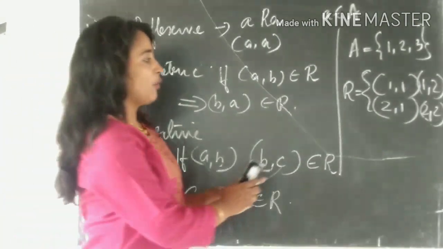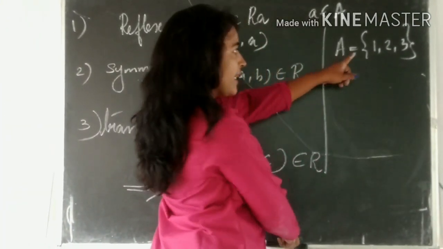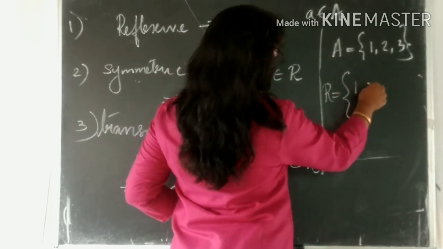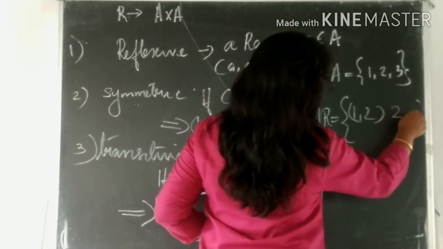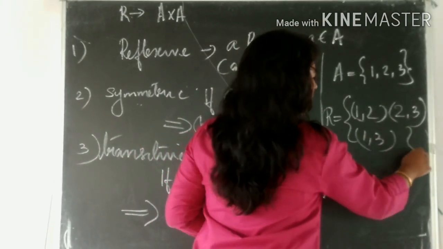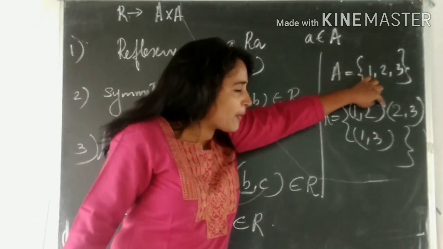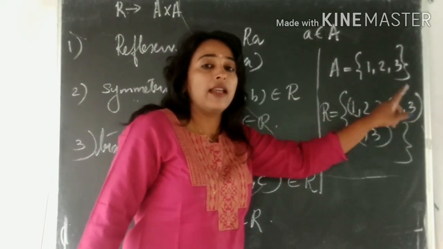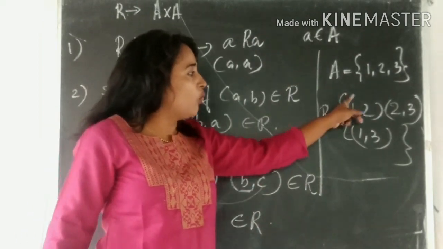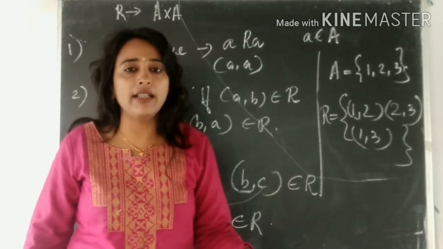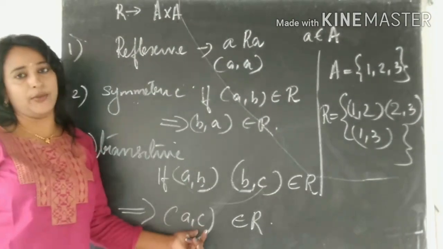Let us discuss one more example here. We have a set 1, 2, 3 and there is a relation R defined with 1, 2, then 2, 3, then there should be 1, 3. Okay, 1, 2 is present and starting from this 2, 2, 3 is also present. Now you can check for 1, 3. Is it there? Yes. If it is not there, then it is not transitive.